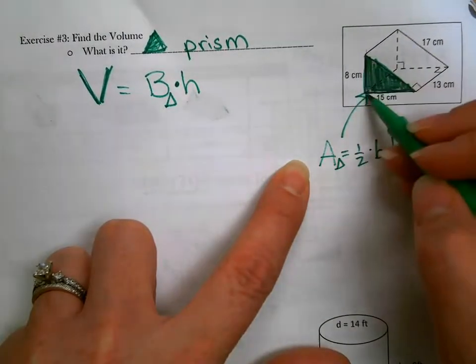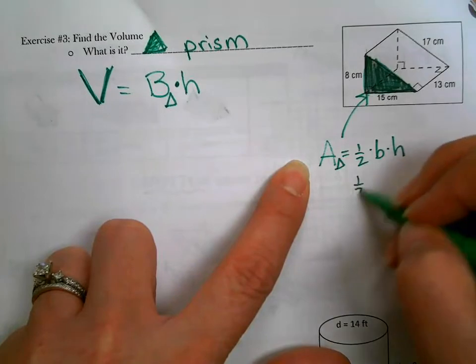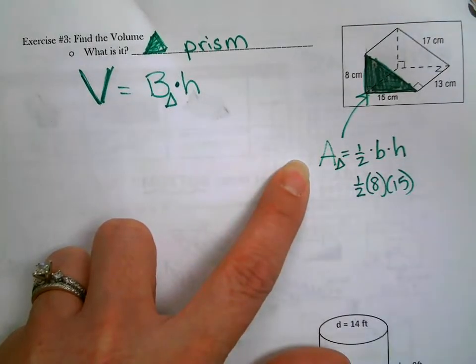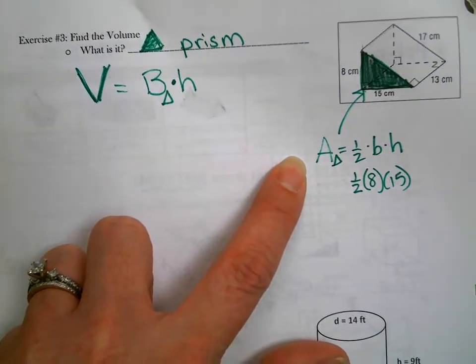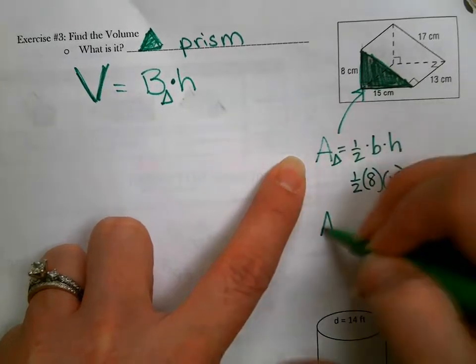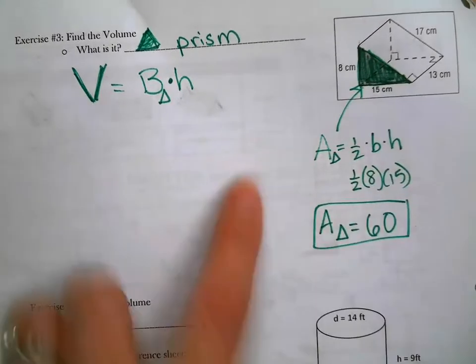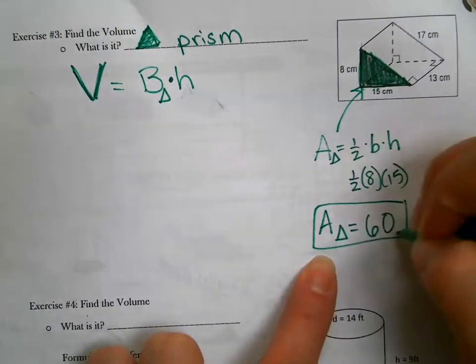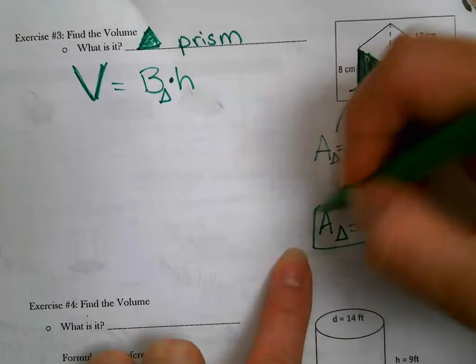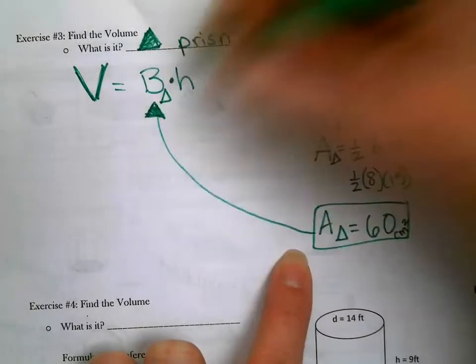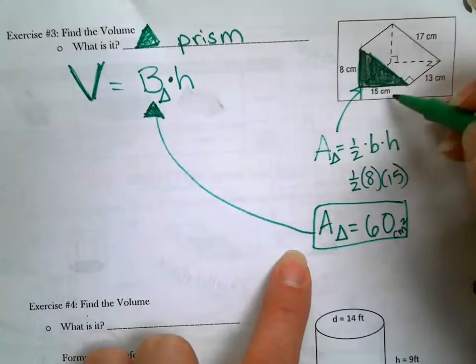Well, we know the height is 8 and the base is 15, so we have to find a half of 8 times 15. So we have a half times 8 times 15, which is really 4 times 15. The area of that triangle is 60. That area, let's put in our units, centimeters squared, is what replaces the capital B. So now we know how much space that area takes up.